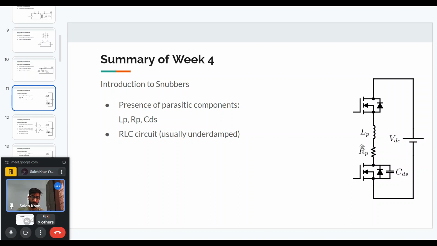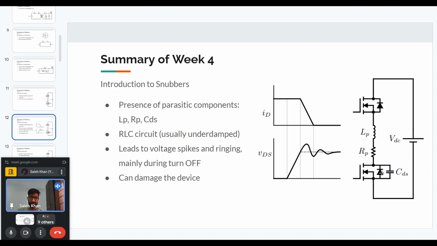Similarly, there will be RP parasitic resistance. And we know that the devices have parasitic capacitance CDS across the drain and source. So these will form an RLC circuit. And because the value of this RP is very small, this kind of circuit will usually be an underdamped circuit.